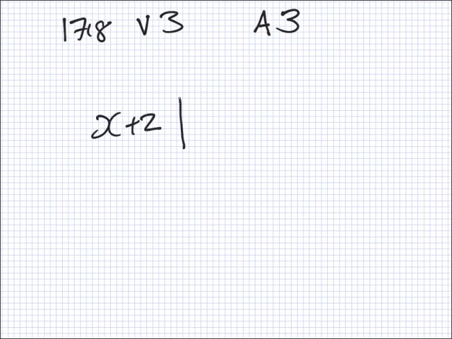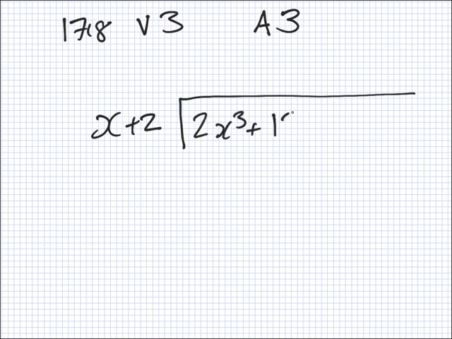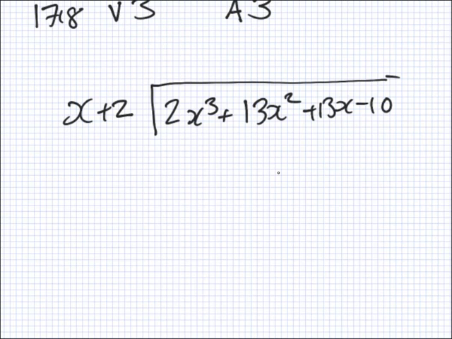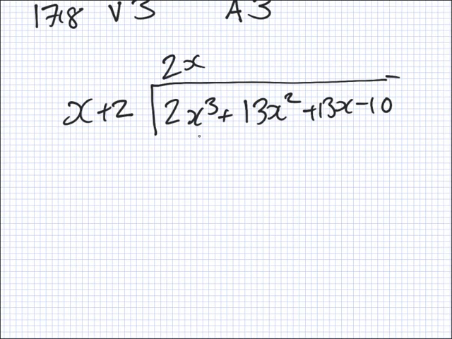You're asked to divide. The factorizing is really what you need, is it? Yeah. The first one is 2x squared. That's 2x cubed plus 4x squared.